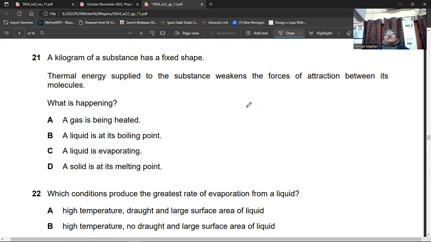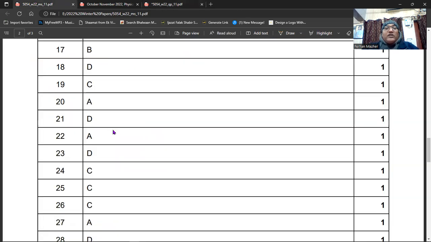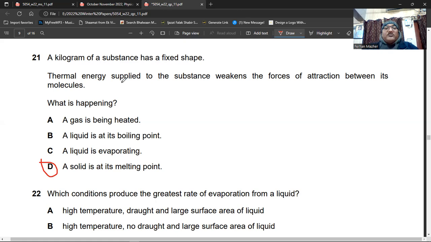So basically the solid is converting into something. A gas is being heated, no. A liquid is at its boiling point, no, because it has a fixed shape, so it cannot be a liquid. A liquid is evaporating, no. A solid is at its melting point, that can be the best option, sir. I think question number 21, D is the right option.